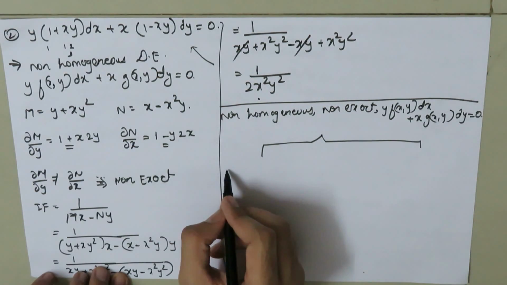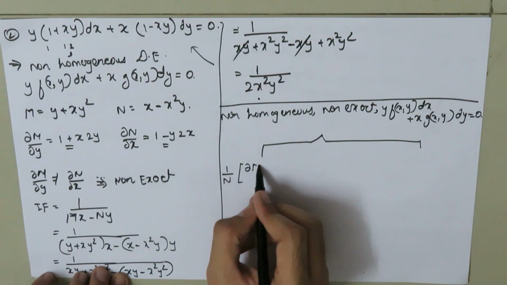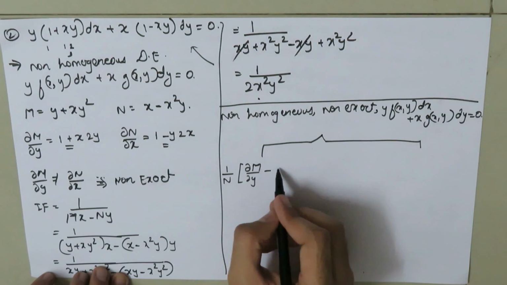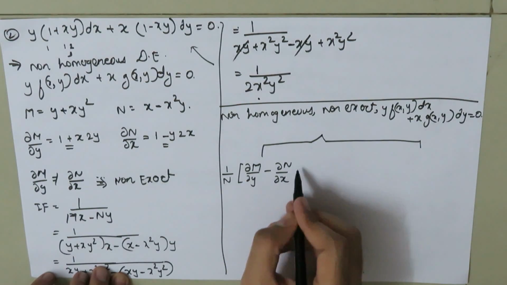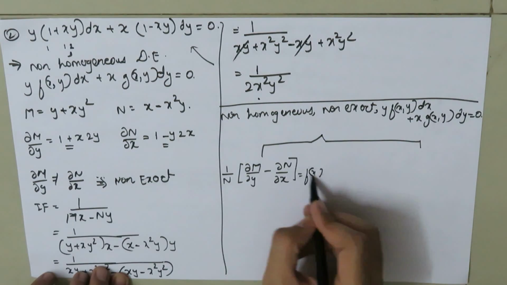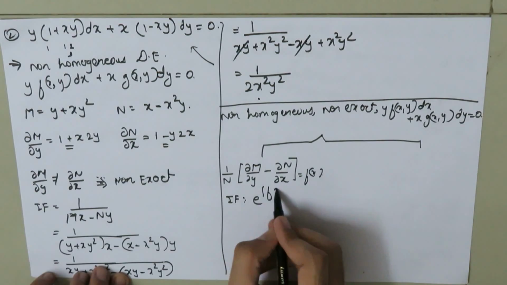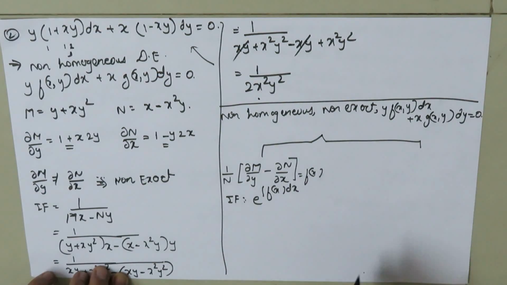One, if 1 upon N times (delta M upon delta y minus delta N upon delta x) is a function of x, then the integrating factor will be equal to e to the power integration of f of x dx.